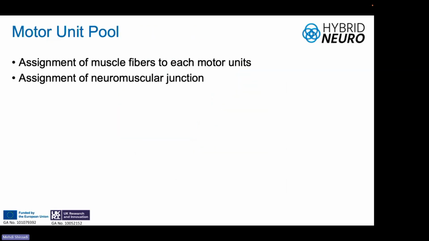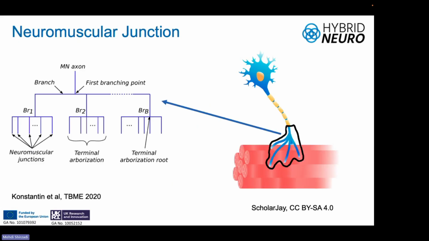After this assignment, we need to assign the neuromuscular junction location as well. Usually the location where the axon terminal is connected to the muscle fiber is a neuromuscular junction. In this toolbox, they consider up to level 2 branching, which means the axon branches to 2 levels, and we can have a different conduction velocity in each one of these levels.